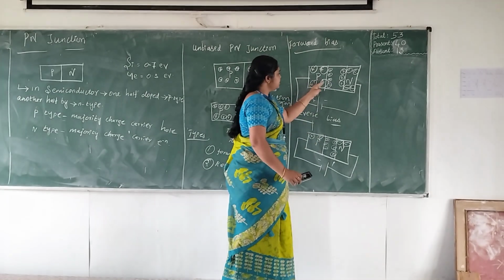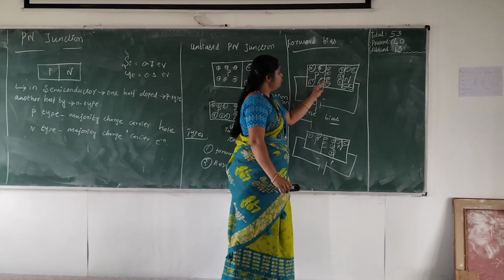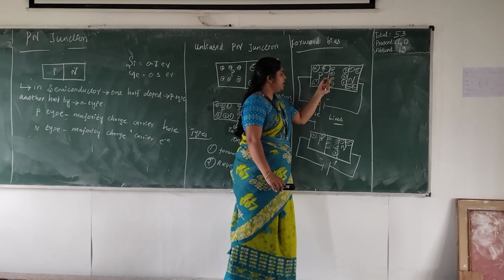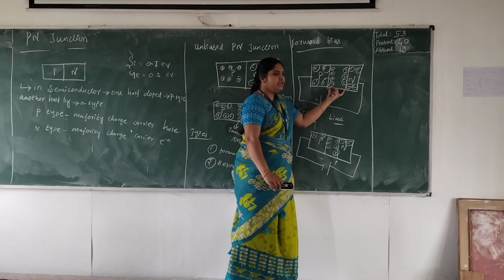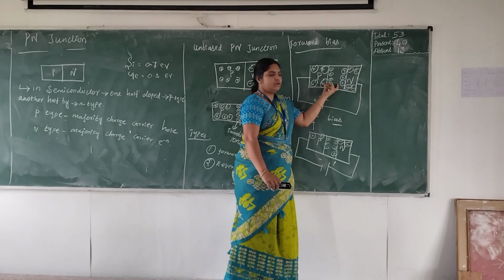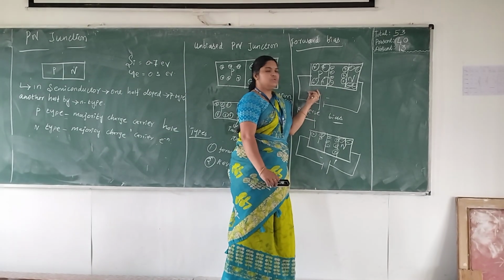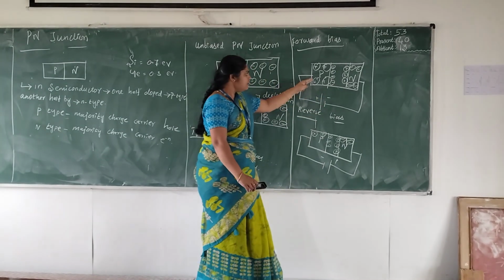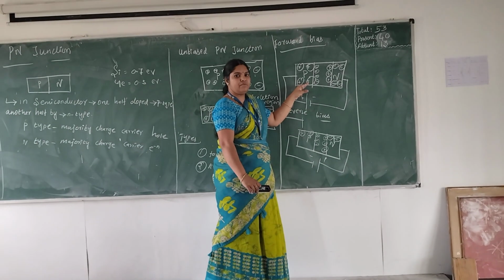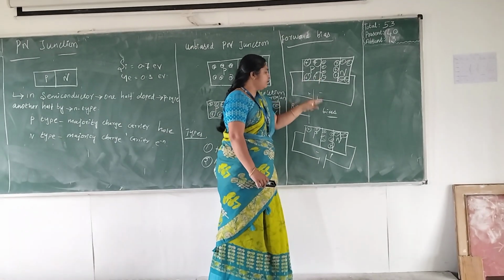At the same time, holes move from P to N and electrons move from N to P, and the depletion region is reduced. Electrons and holes recombine together and constitute the current. Due to the majority charge carriers only, we can form a current.